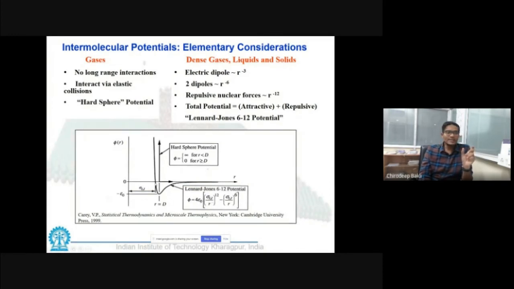Graphically, sigma is the distance where the interaction energy switches from negative to positive, or attractive to repulsive. So that is the distance beyond which the interaction energy is repulsive. Epsilon here is the depth of the well, the maximum attractive interaction. Obviously, by differentiation and integration, you can find out that the distance at which the well occurs is 2 to the power 1/6 times sigma.